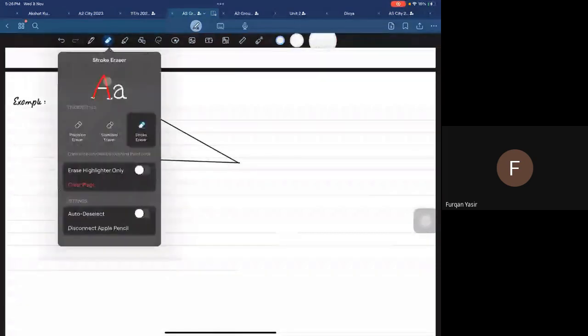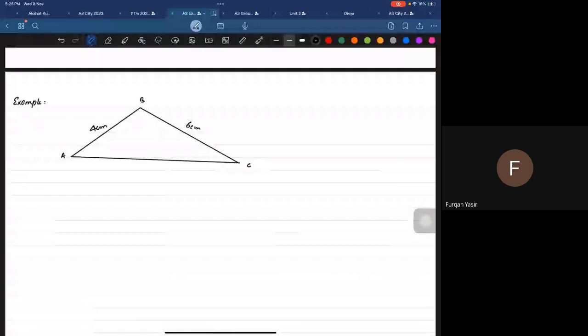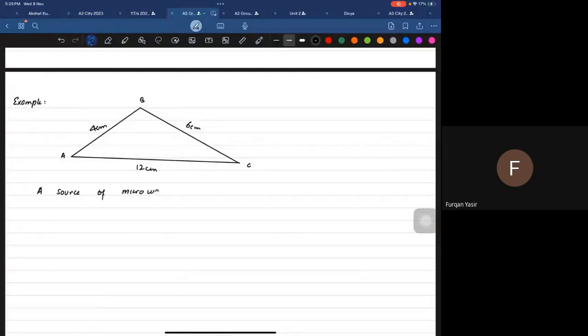Now I just want to tell you, they said this is A, this is B, this is C. This is 4 centimeter, this is 6 centimeter, this is 12 centimeter. They say a source of microwave sends the wave in two paths, A, B, and C, and A to C directly.